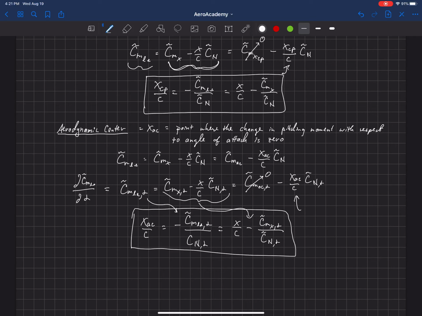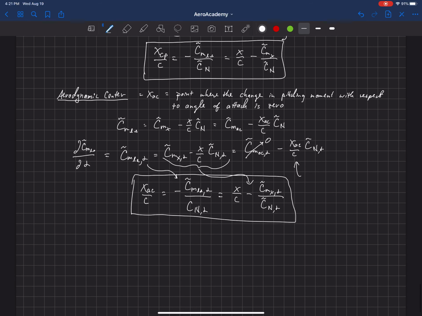Now, one location that is very common for reporting moment coefficients is at the quarter chord, and we'll find out more why that is once we get into thin airfoil theory. But let's just write this in terms of what if I had the information at the quarter chord, then XAC over c is equal to x over c, which is going to be 0.25 or 1/4 because I know it at the quarter chord, minus CM at the quarter chord, comma alpha over Cn alpha.